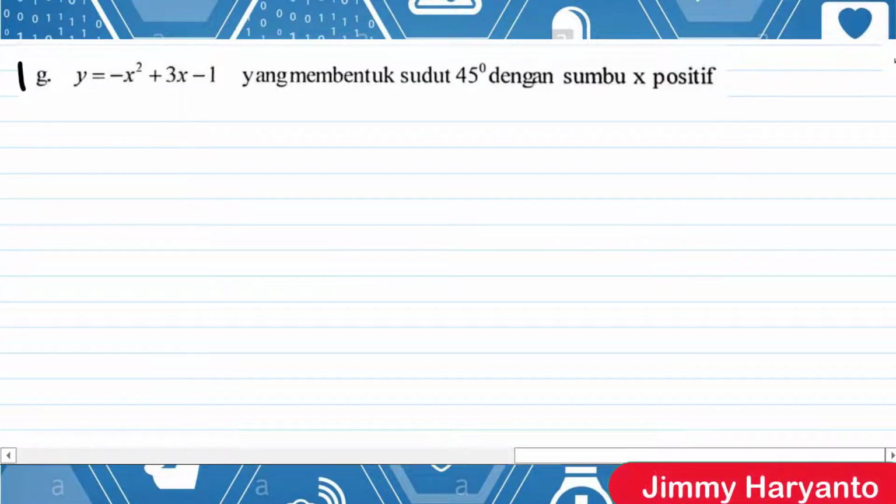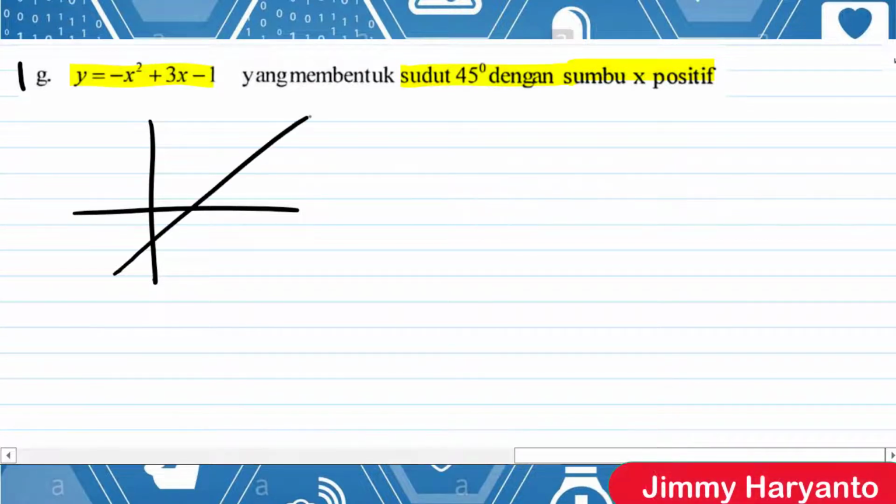For number 1G, the question gives you the curve but not the point. So later we will have to find the point. But the question also told you that the tangent forms an angle of 45 degrees with the positive x-axis. So if we sketch a little bit, the angle will be 45 degrees, and we also know that the angle of a line represents the gradient, right?